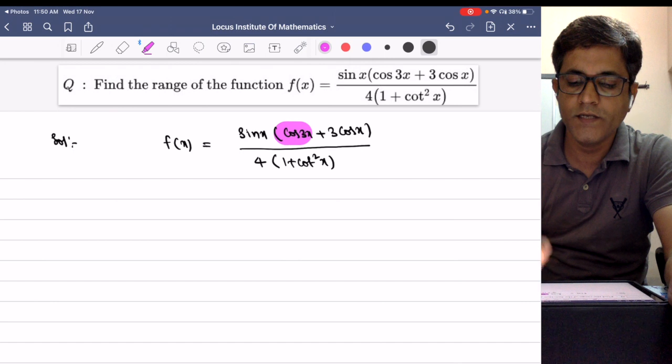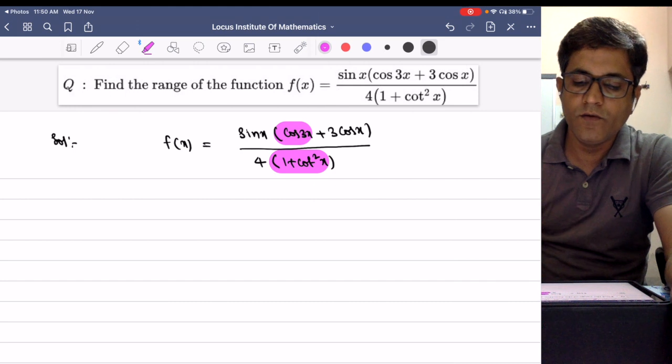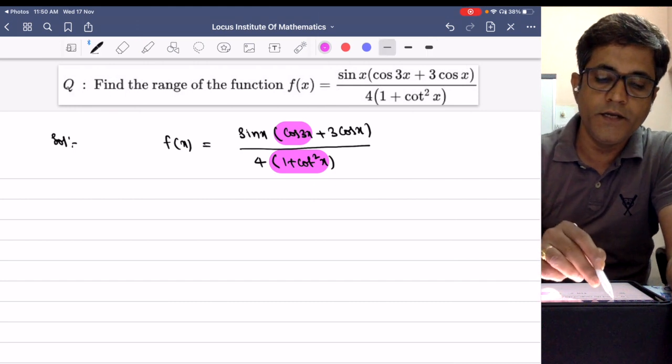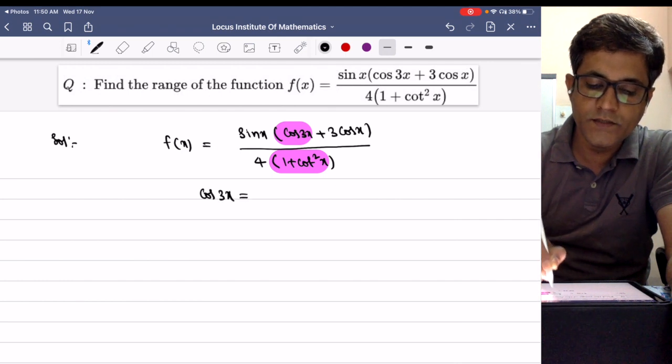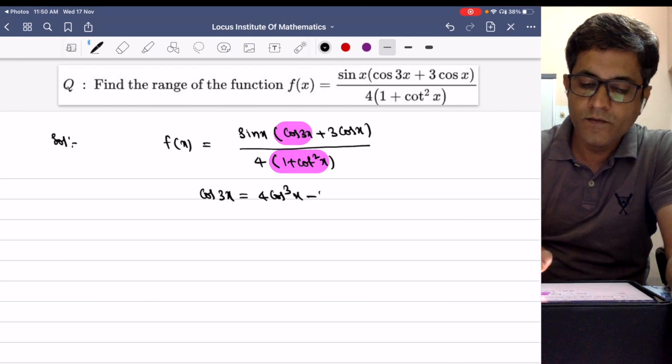One is the cos 3x result, and another one is 1 plus cot square x is equal to cosecant square x. That is the identity. So the first one is cos 3x is equal to 4 cos cube x minus 3 cos x.